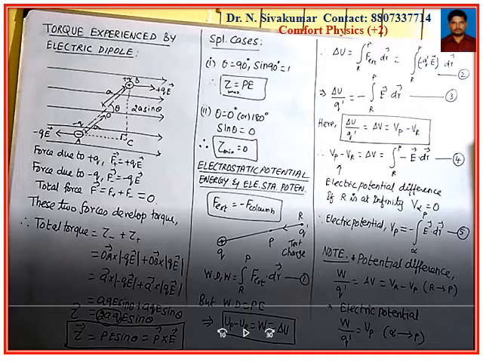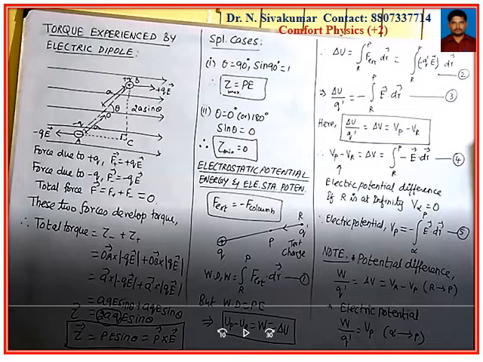Already we know that work done is equal to potential energy. So Up minus Ur, the potential energy difference between points P and R, is equal to W, that is delta U. Once you find the work done, that is nothing but potential energy.